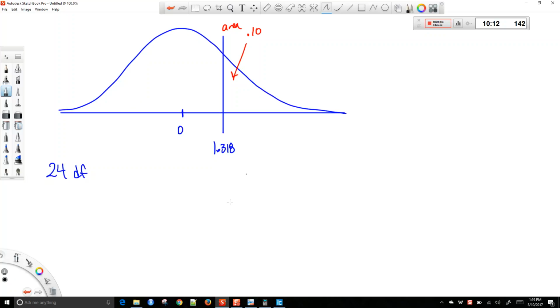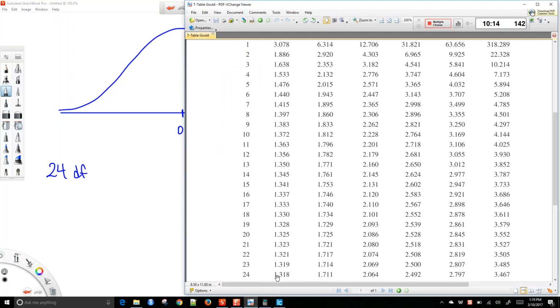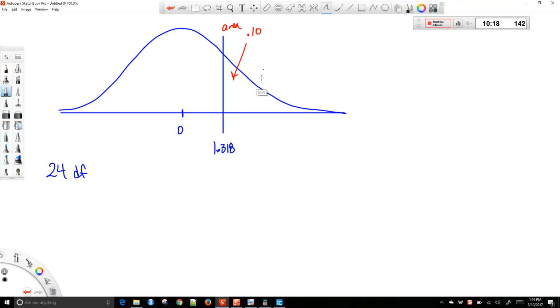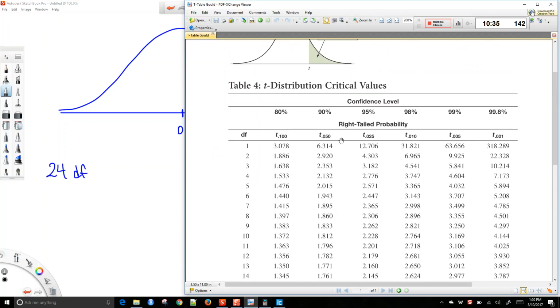If I go further out to 1.711, 24 degrees of freedom, then the area over here, this is 5%, the column heading.